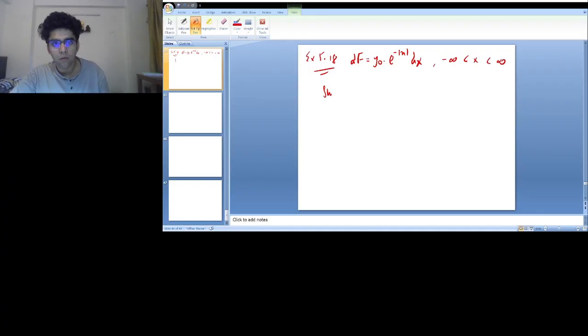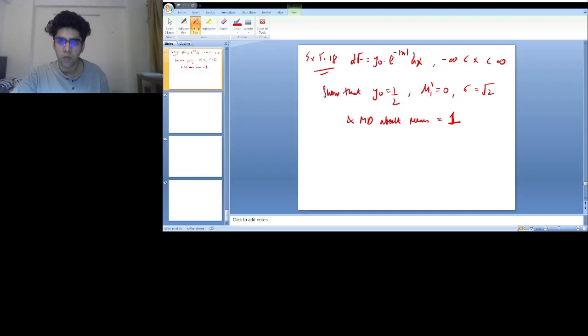Show that y naught is equal to half. My first moment with respect to the origin is 0, and my standard deviation is root 2. Also show that the mean deviation about mean is 1.